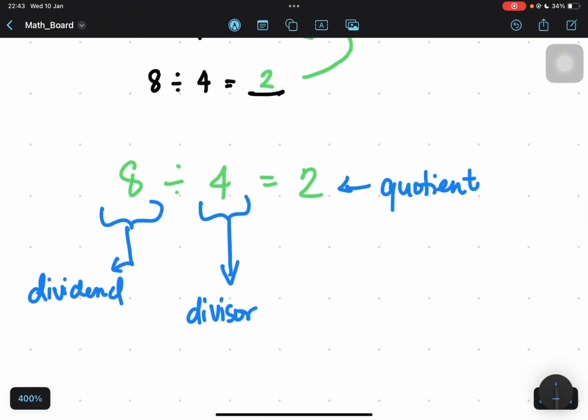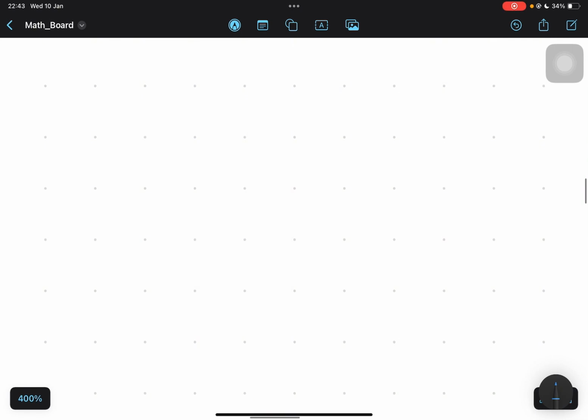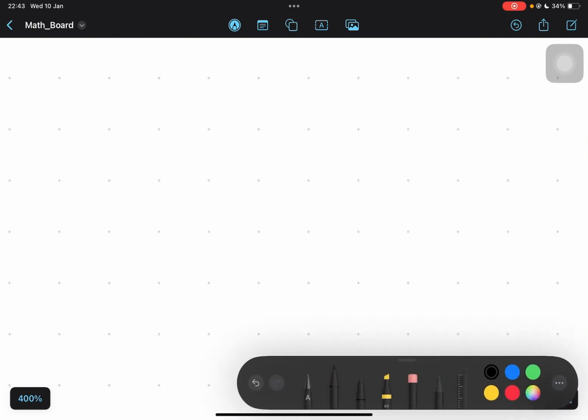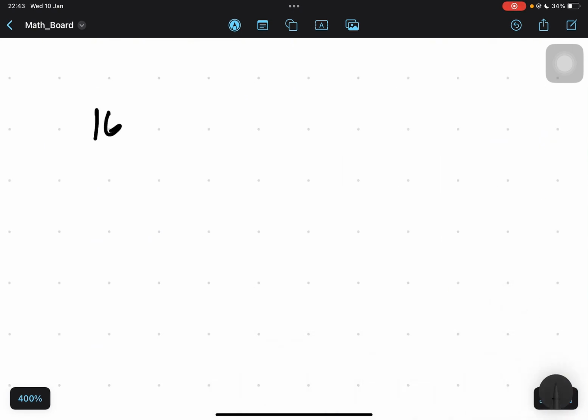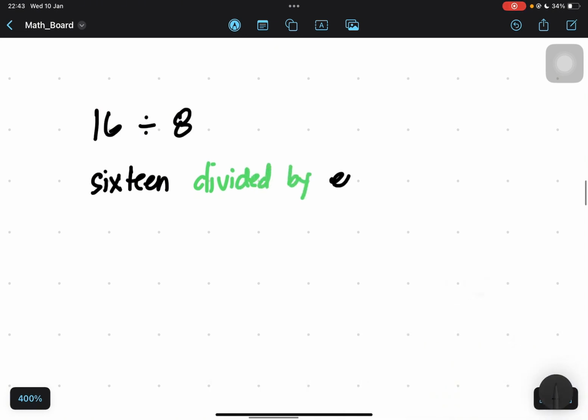So let us have a simple example of how this division works. For example, we have 16 divided by 8.